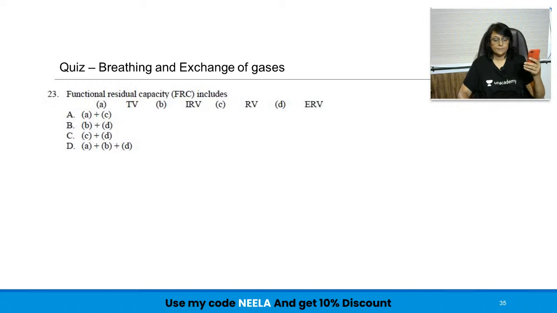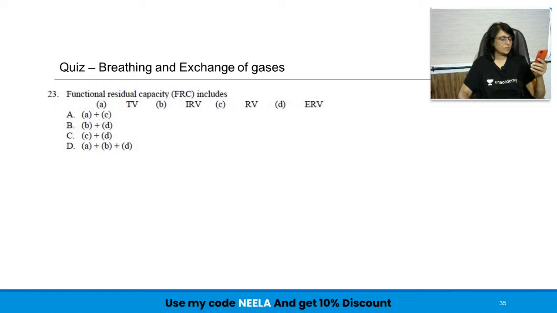23rd question. It is C according to Rajni.